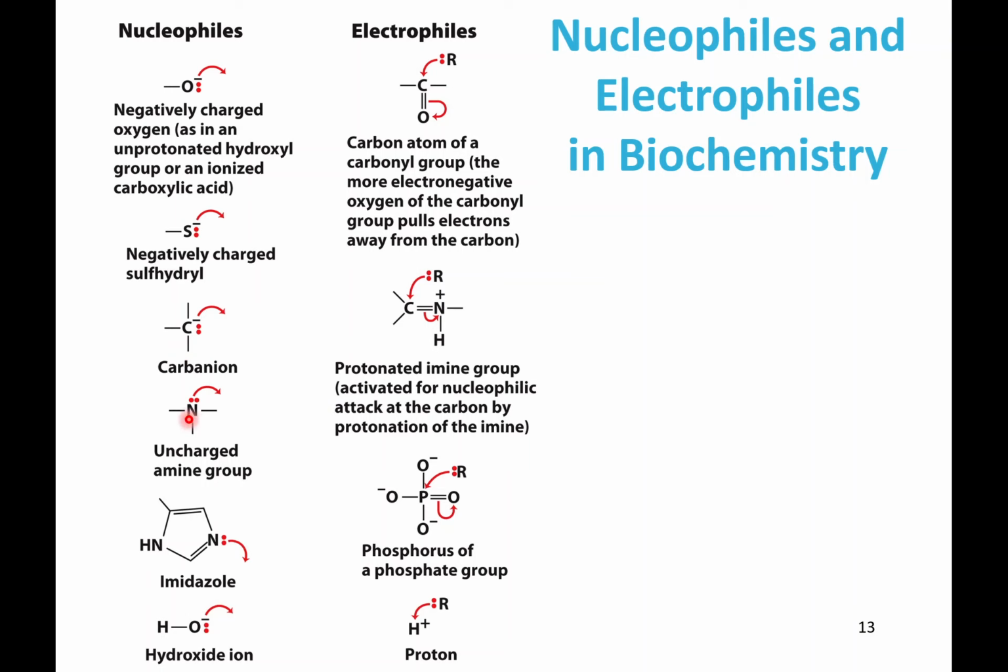Also amine groups that are actually uncharged, and not only amines but things like imidazole. The histidine side chain has a nitrogen there that can be a nucleophile. Some electrophiles, as I mentioned, are the carbon atom in a carbonyl group, and there are some others. One of the more important ones is phosphorus in a phosphate group, and we'll see many examples of those.